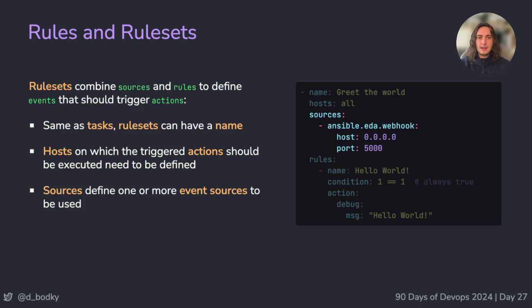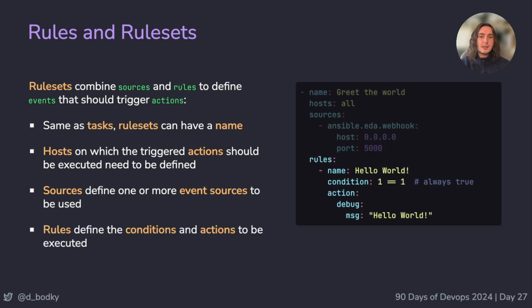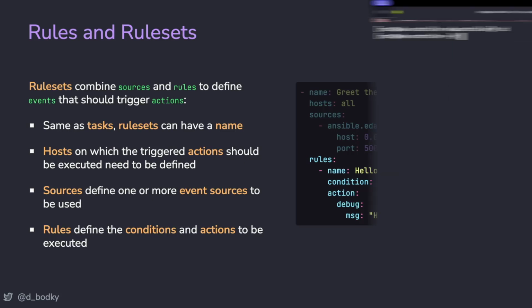So here we can tell event-driven Ansible to, for example, listen on port 5000 on the local interface or on the public interface for incoming webhooks. It then takes an array of rules that can be defined, which are then taken by the event-driven Ansible controller to evaluate every incoming event in turn and trigger the configured actions should the condition match.